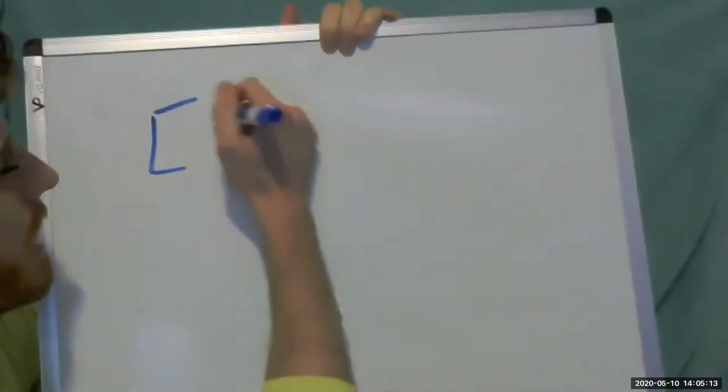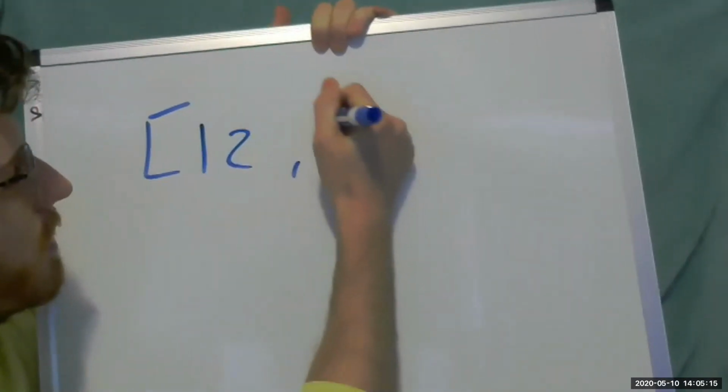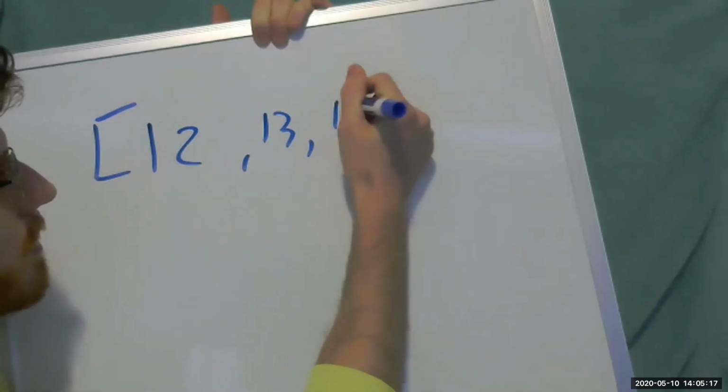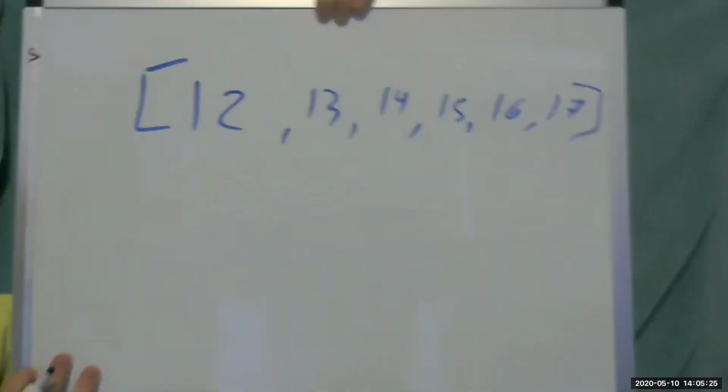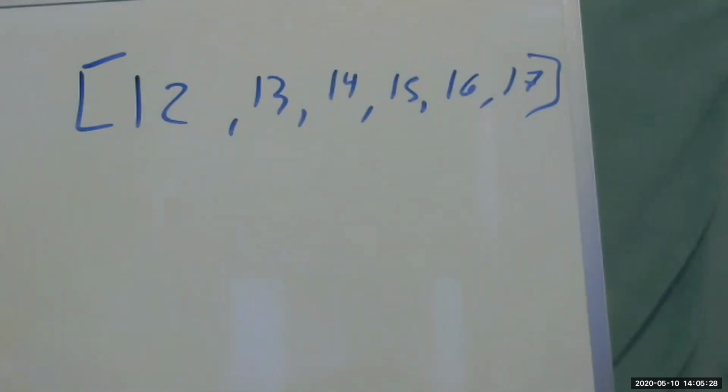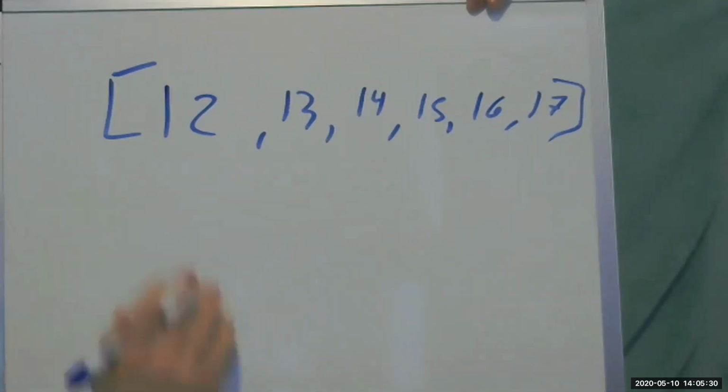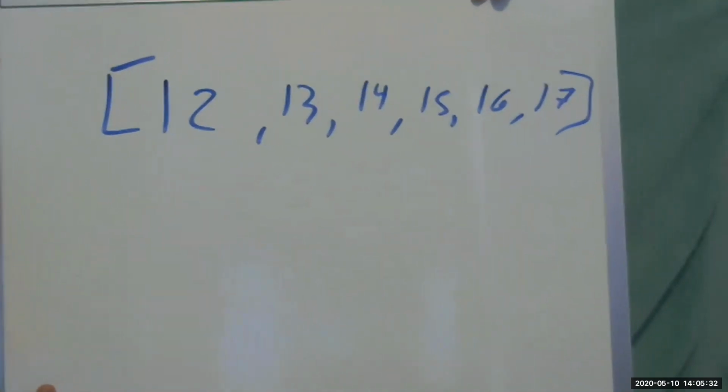All right, so let's say I have 12, 13, 14, 15, 16, and 17. This is my array. This array is sorted, and let's say we are looking for the number 12. We'll start off with the left side. Does anybody have any issues with the left side concept?